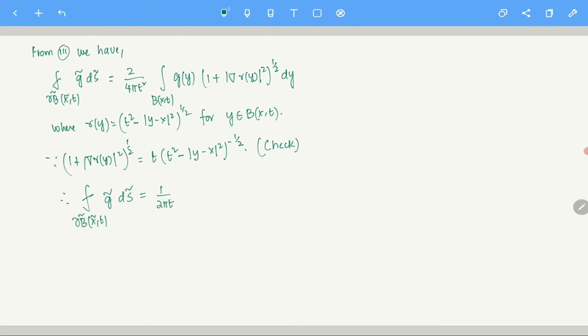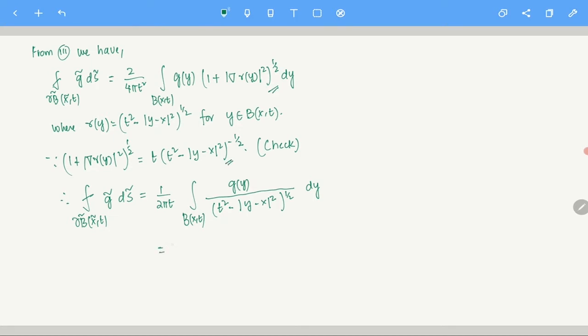Because that is getting cancelled, and this t and this t square are getting cancelled, and you have the integral over b of xt of g of y by t square minus y minus x square, whole power half, dy. Clear? You just put the values in here, and that is what we are going to get.